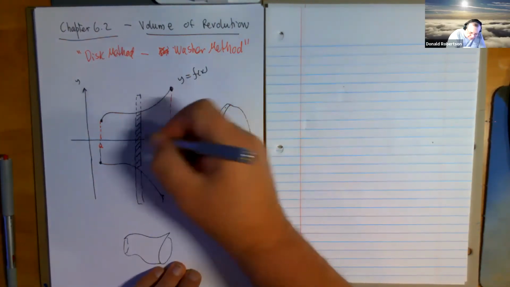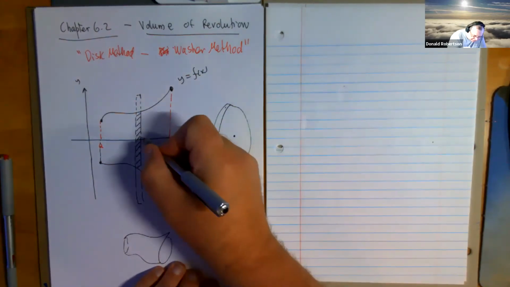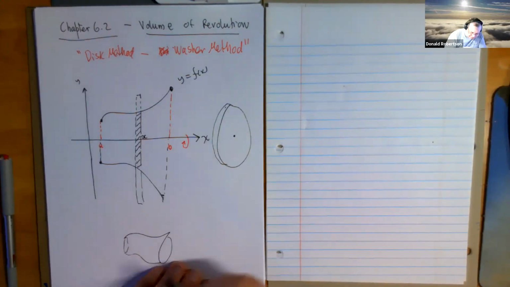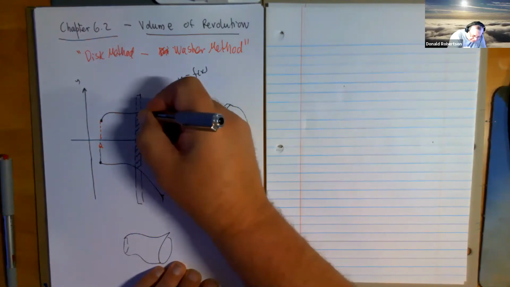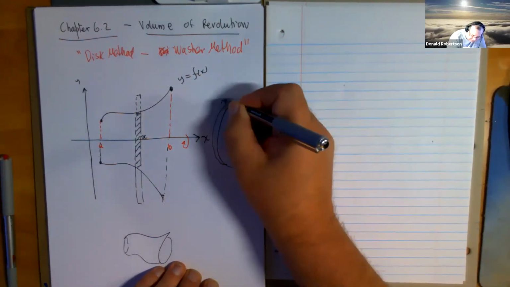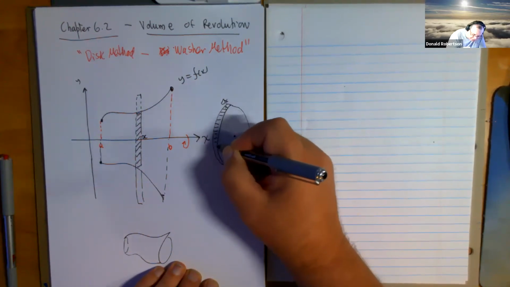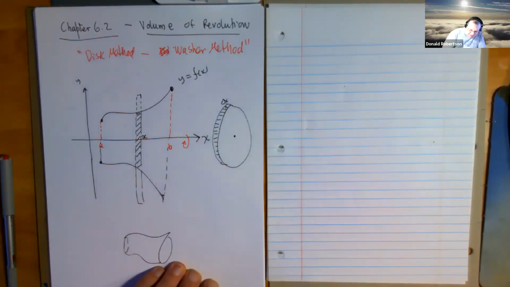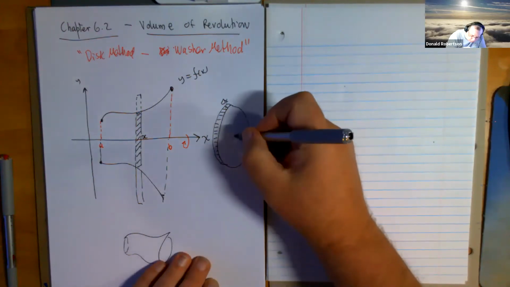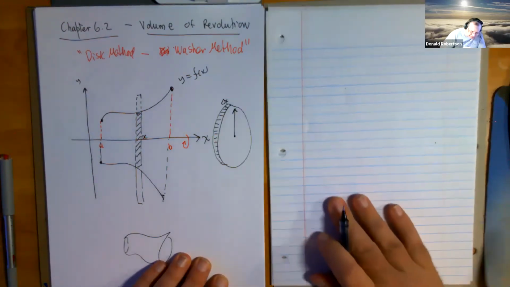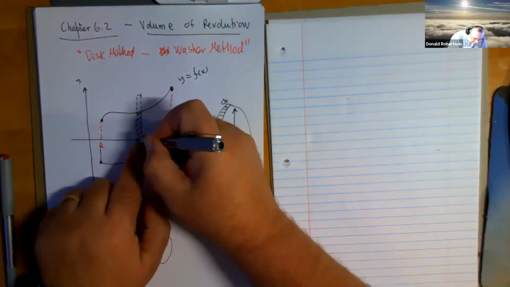So for this random slice, let's say it's at position x. This width, we'll call it delta x. So delta x is, think of it like a coin, like a disc. It's delta x wide. Won't the radius of this disc be the distance from here to here?